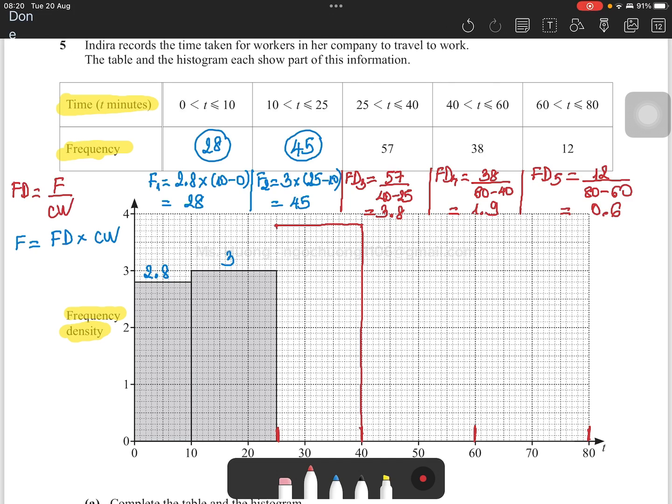So this is the third block. And the fourth block has a height of 1.9. The last block has a height of 0.6. This is 0.6, 1.9, and 3.8.